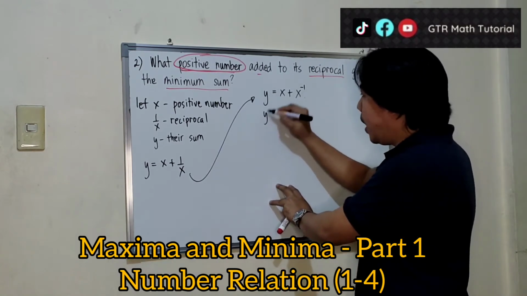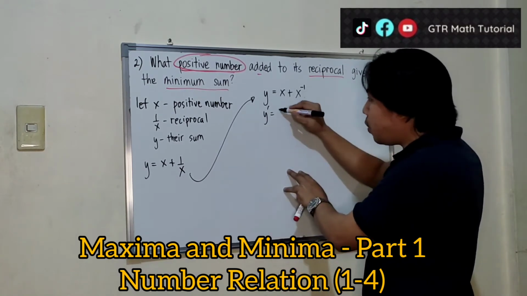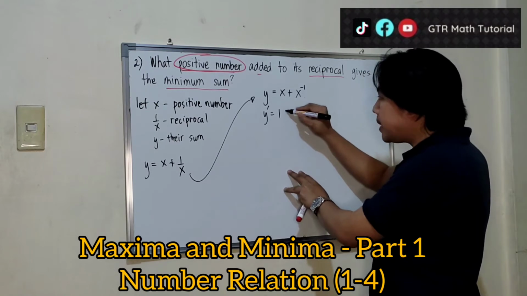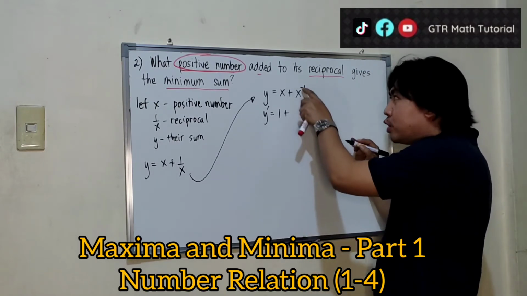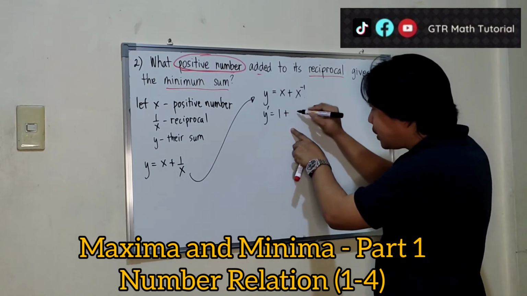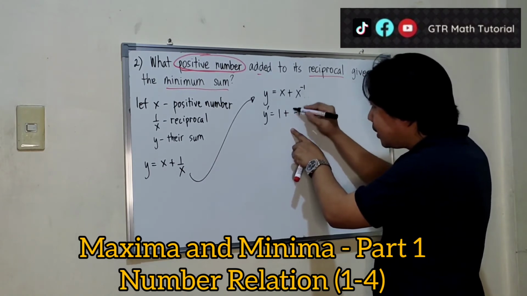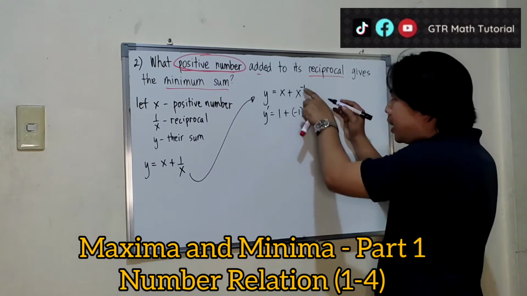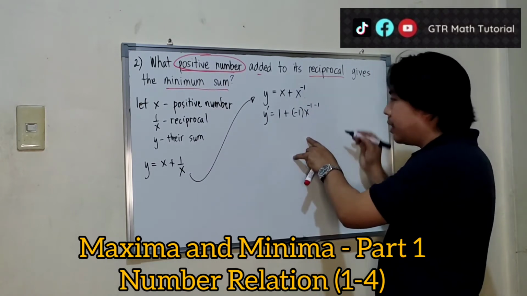So y prime is equal to the derivative of x, which is 1, plus, using the power rule, negative 1 times x raised to negative 1 minus 1.